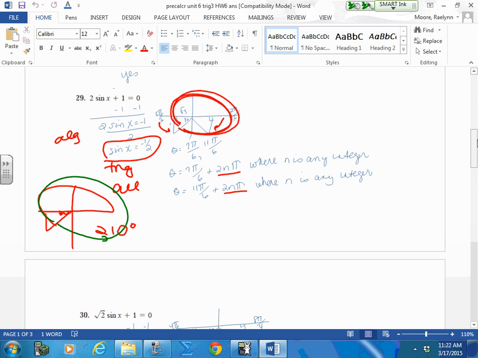So if I add 360 degrees to this, my angle would be 570. Every 360 degrees would put me back at that same terminal side. So I could say 210 plus 360n, where n is any integer. I could multiply it by 1, by 2, by 3, by 4.